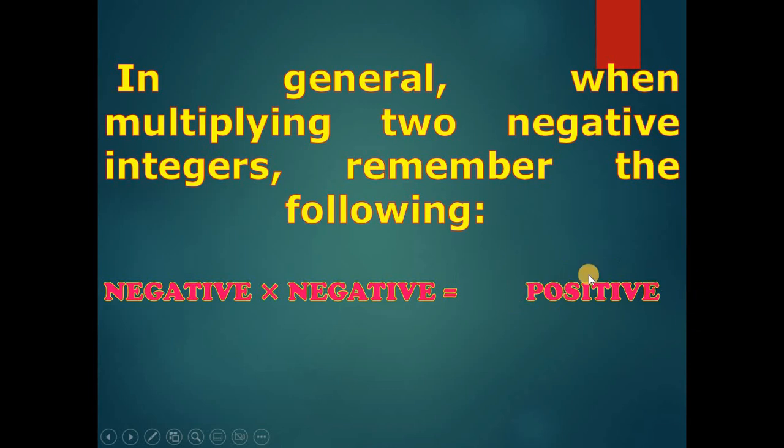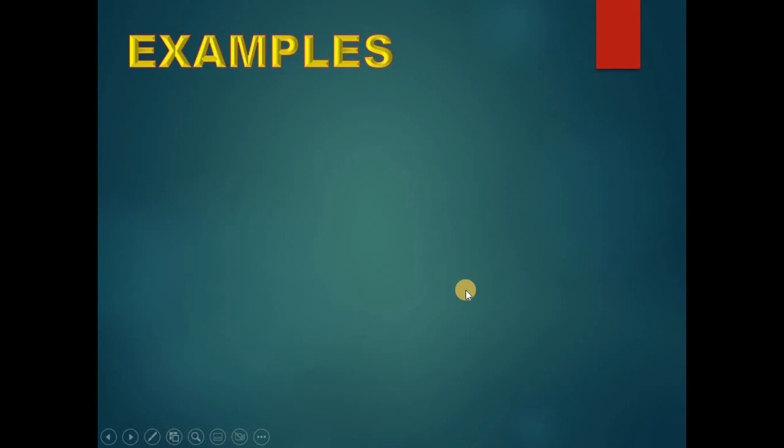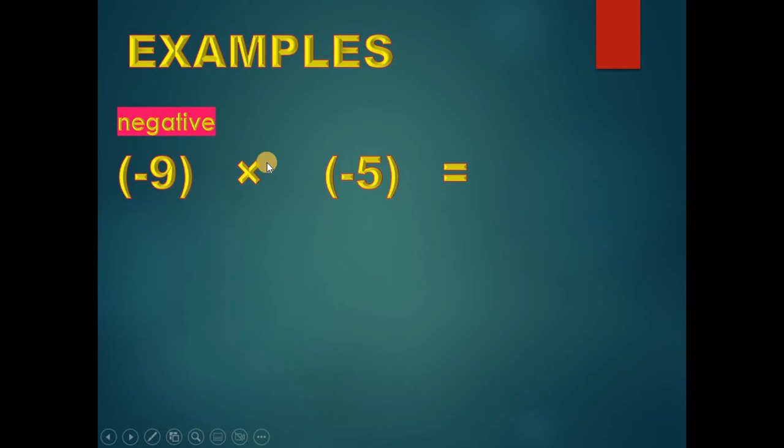So, positive yon. Okay. So, let us have an example. We have here negative 9 multiplied by negative 5. So, the answer is positive. So, magkakaroon tayo ng positive. Okay. So, i-multiply natin, 9 times 5 equals 45. So, negative times negative is positive. So, positive 45 siya. Okay.